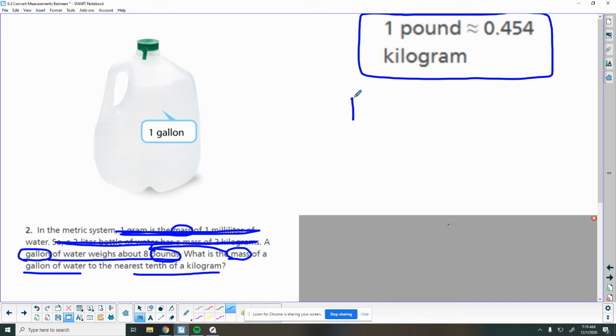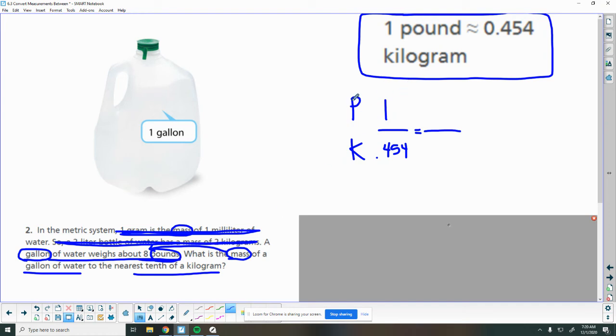Okay, so I know I'm comparing pounds and kilograms. So it tells me that 1 pound is 0.454 kilograms. So that's what we know, our unit rate. So now we're going to set up our equivalent fraction here. So what is the mass of 8 pounds?